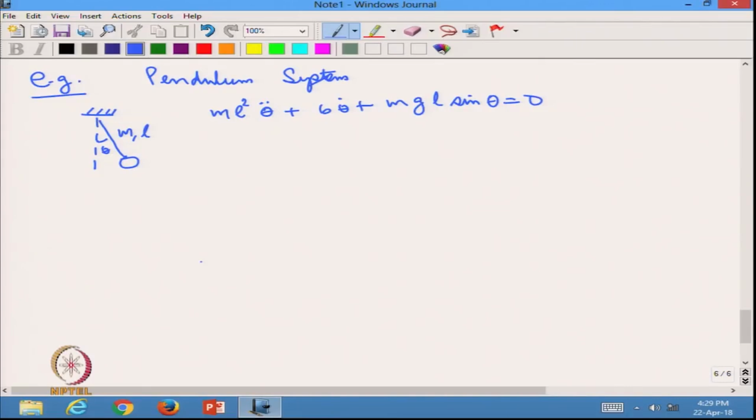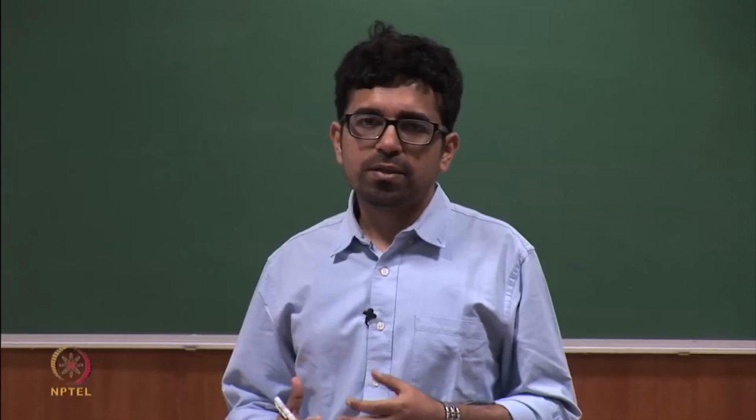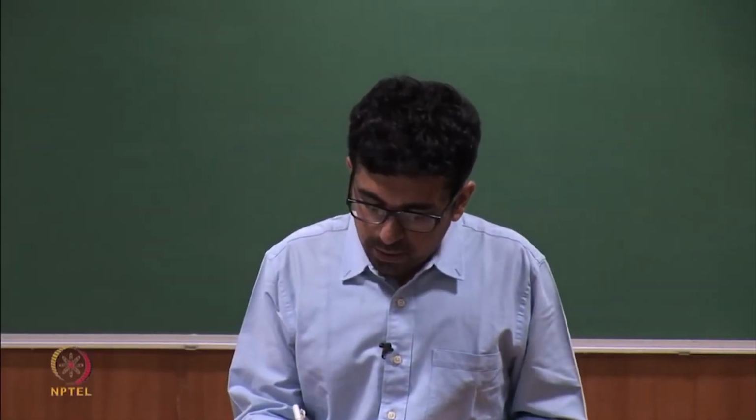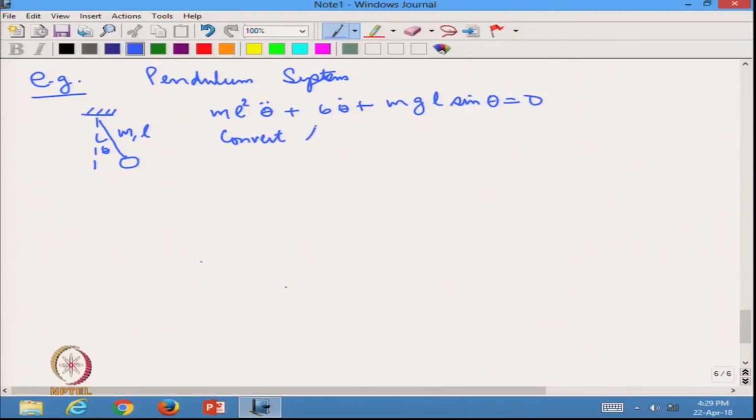Okay. So, let us follow the procedure that we laid down previously, and then see if it agrees with the physical intuition that we have. Okay. So, convert to state space, right. So, that would be the first step. So, we can define the states as x1 is defined to be theta and x2 is defined to be theta dot.